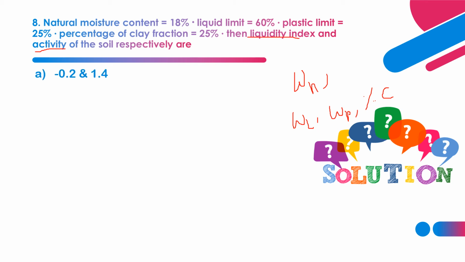Option A, minus 0.2 and 1.4. Option B, plus 0.2 and 1.4. Option C, minus 1.2 and 0.714. Option D, 1.2 and 0.714. So what is the correct option? It's a mere substitution: you have to substitute the correct values in the liquidity index formula and the activity of soil formula.